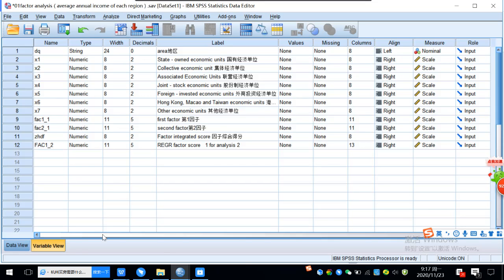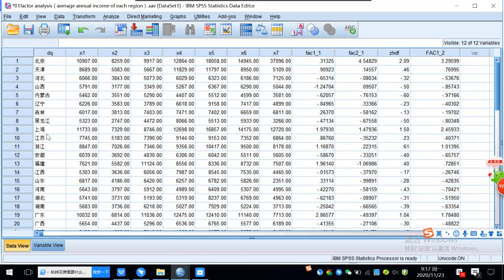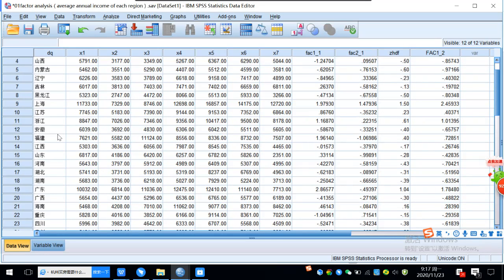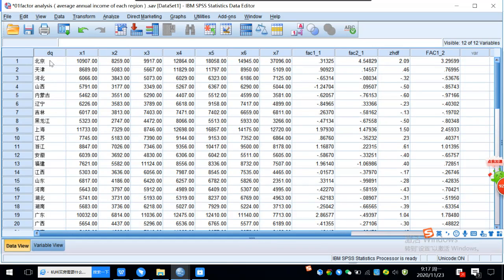So, we collect data from a total of 31 provinces in China. Okay, so in total we have 31 cases, and we have x1 to x7, 7 variables.